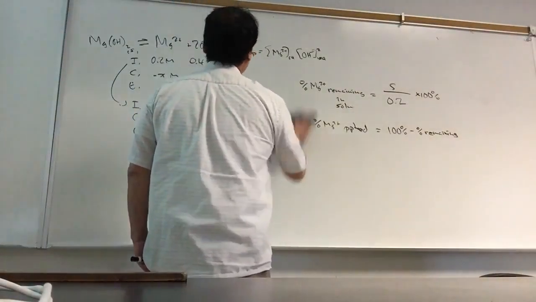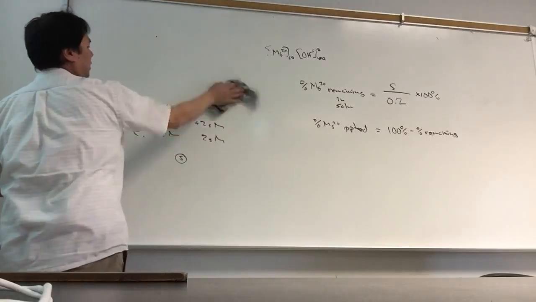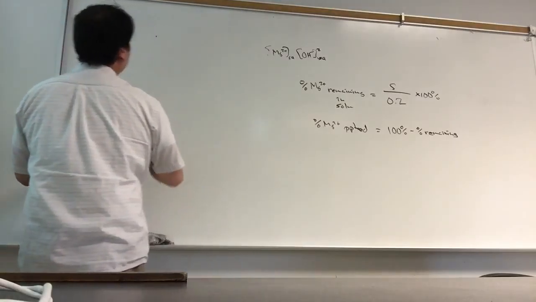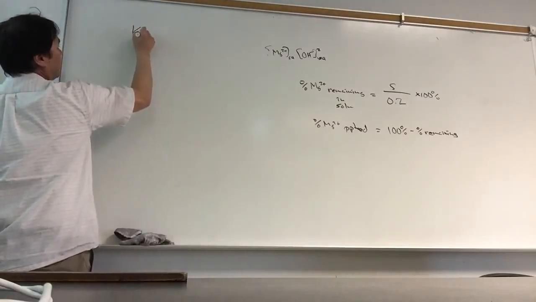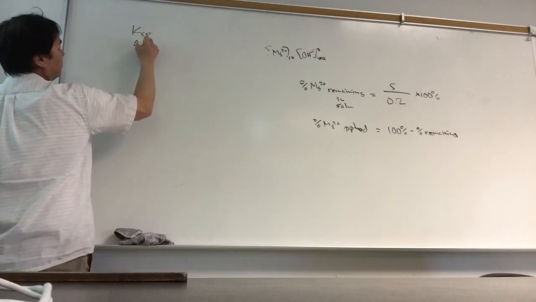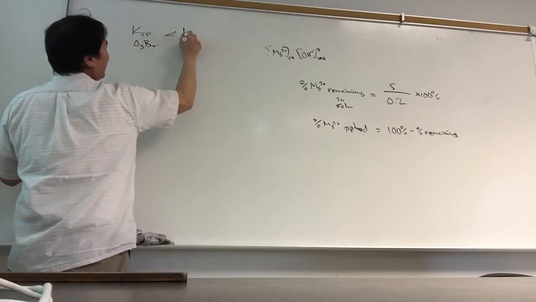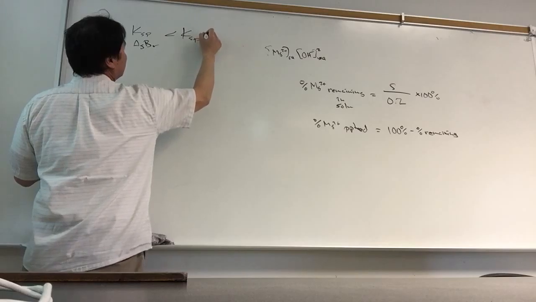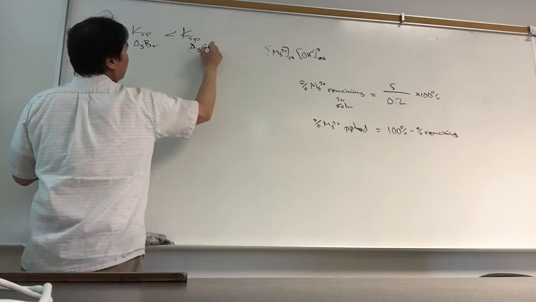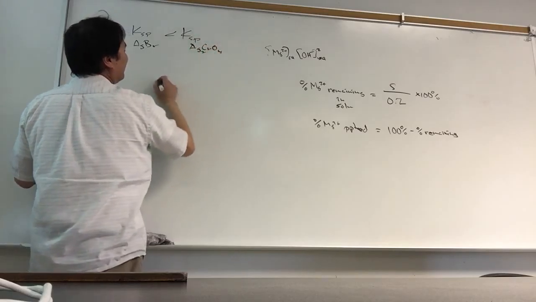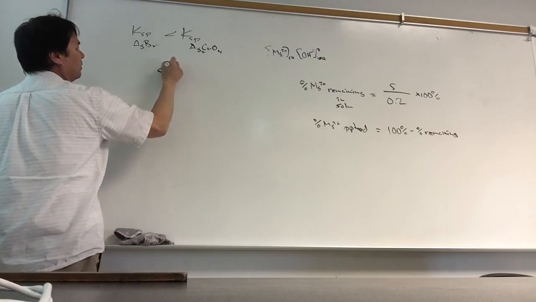And so if we look at it, the KSP of silver bromide is smaller than the KSP of silver chromate. But what about the solubility?